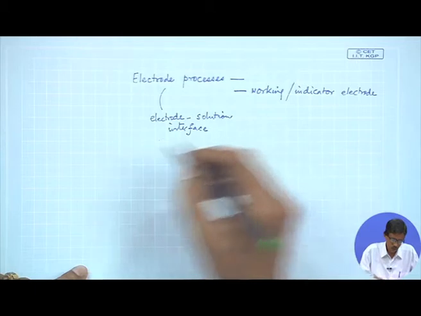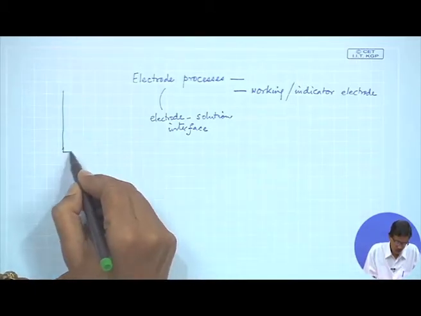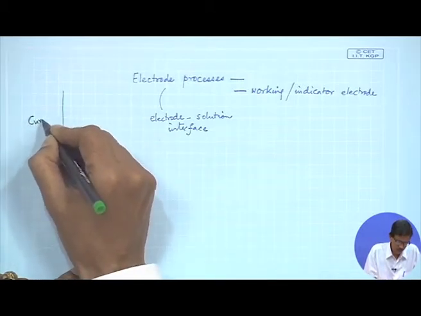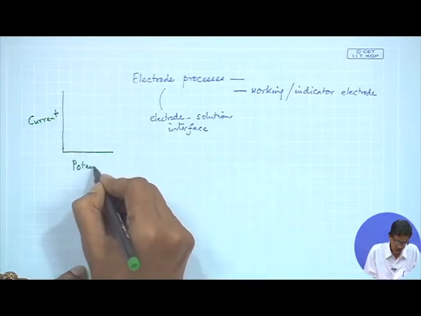What we see is that we just want to plot two things, what we call the current potential plot. We have the current on one axis and the potential on the other.